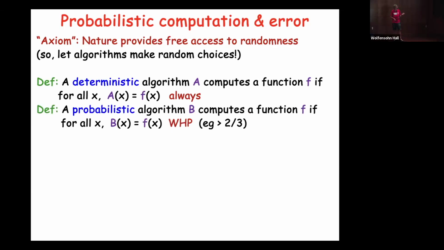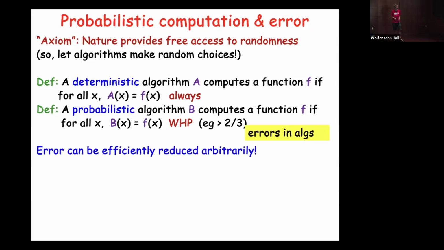We demand that for every input, over the random choices of the algorithm, most of them give the right answer. I said most here, 2/3, namely error 1/3. You may be unhappy with this. We'll talk about this in a second, but I want to say, already here, this is the introduction of error. We allow algorithms to make mistakes with small probability.